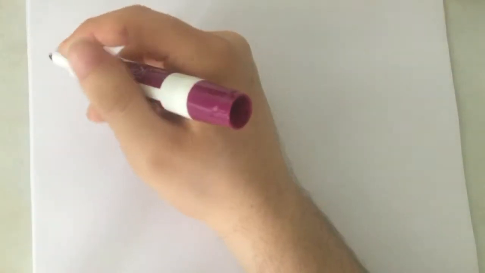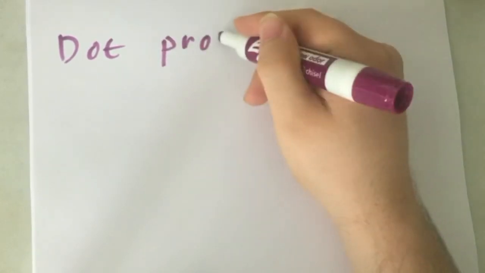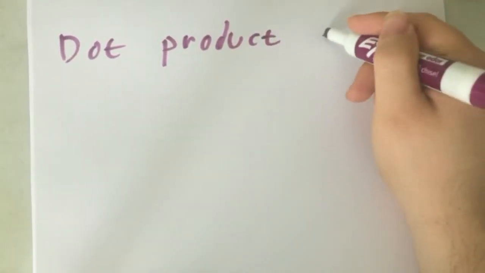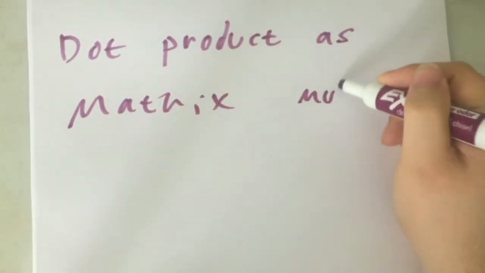Another way we could view the dot product is as a matrix multiplication.